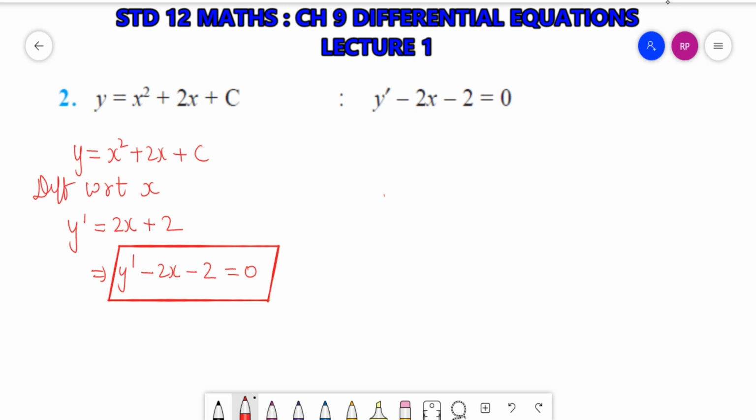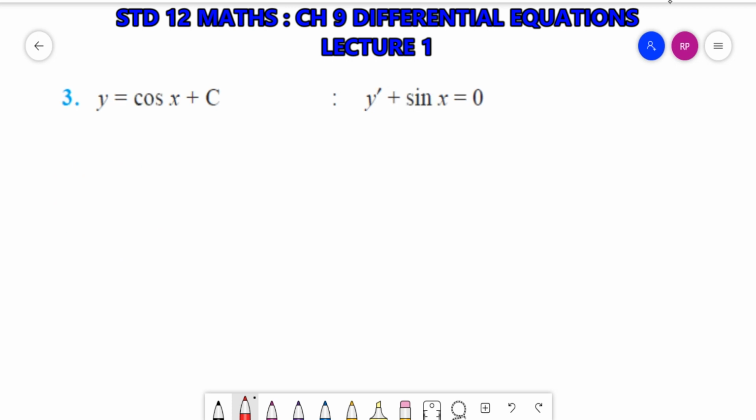Now let's move to the next, question number 3. You have to show that y equal to cos x plus c is the solution of this differential equation. Differentiating with respect to x, the derivative of y is y dash, the derivative of cos x is minus sin x, and the derivative of c is 0.